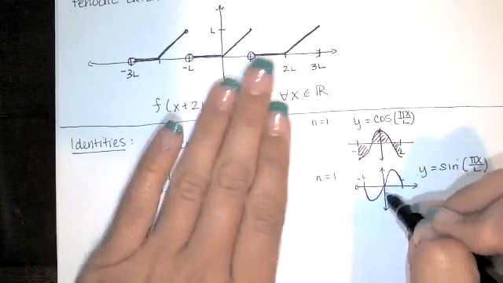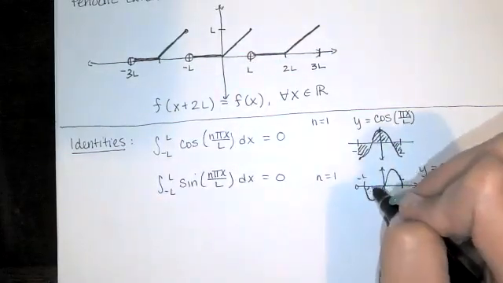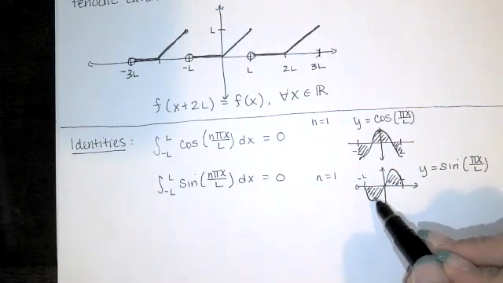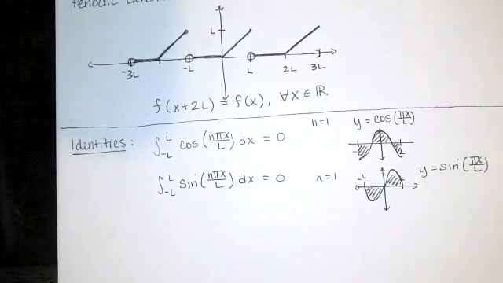Well, if I just traced that backwards, it would go this way. This area and this area are the same. So this area minus this area is 0. So the net area under the curve would be 0.